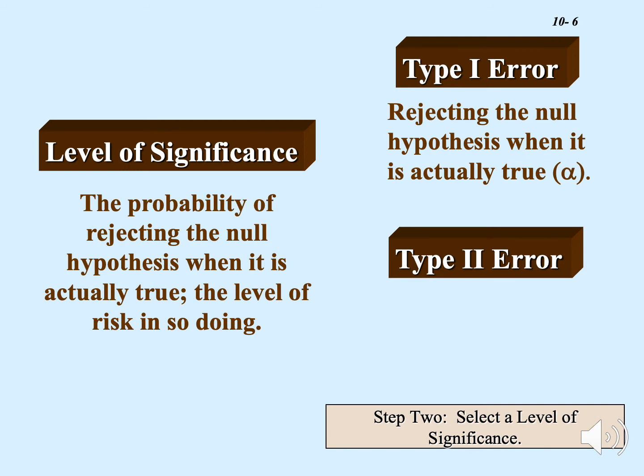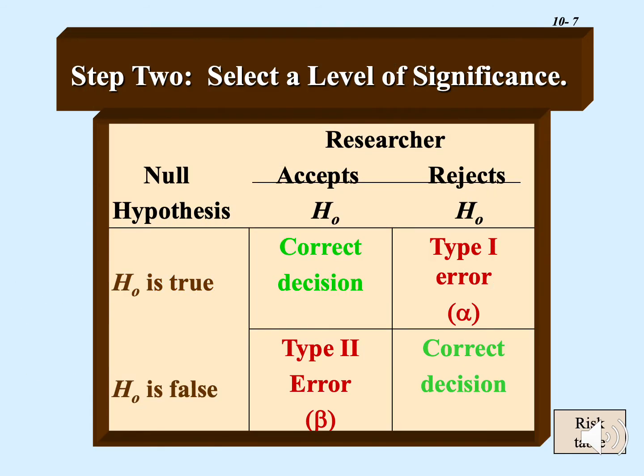So that means if it is in the court, this is the probability that you imprison a non-guilty defendant, an innocent defendant. On the other hand, in a four-way table, this is your null hypothesis, and if the researcher accepts that the null hypothesis is true, that is a correct decision.